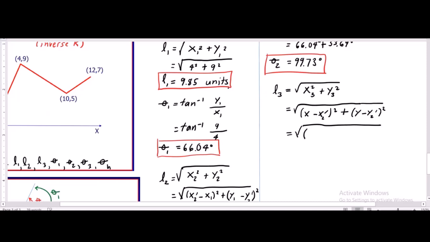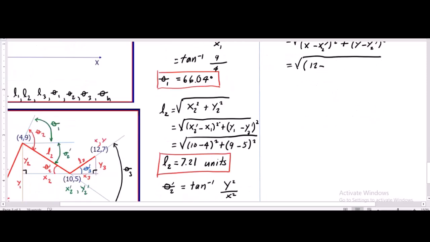Our x is 12. Minus our x2 prime is 10. It's 2. Then square that one. Then plus, let's go to the y.